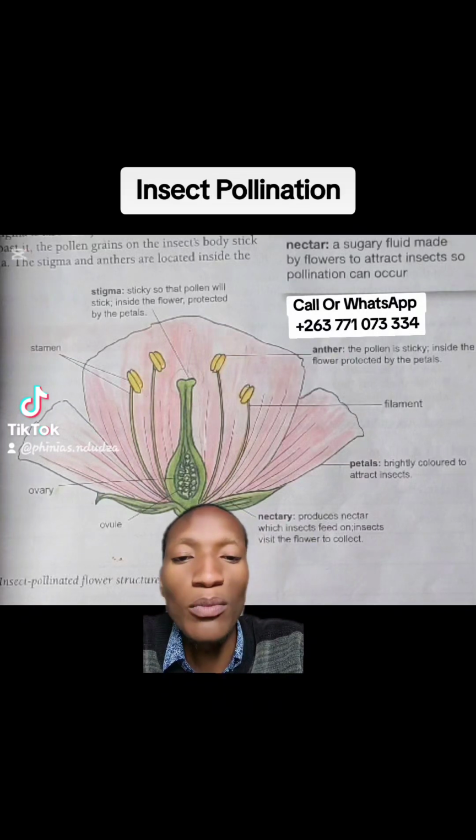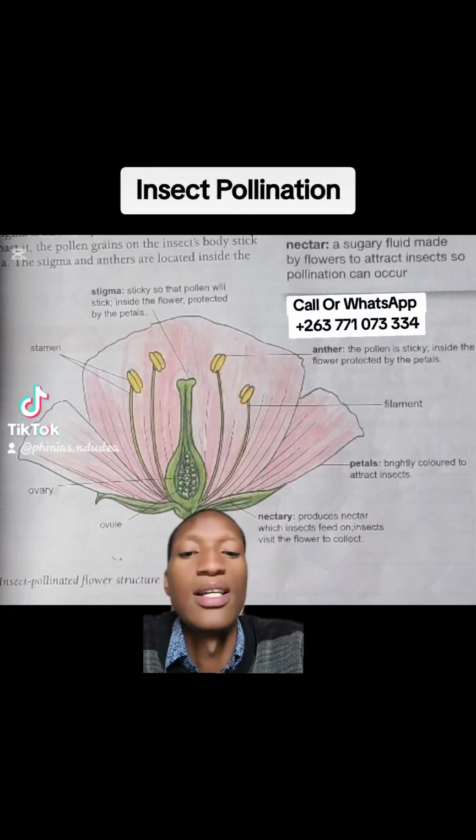Number two, the flower must have a stigma that is below the anthers. The flower must have anthers that are above the stigma such that pollen grains can sometimes drop from the anther to the stigma.